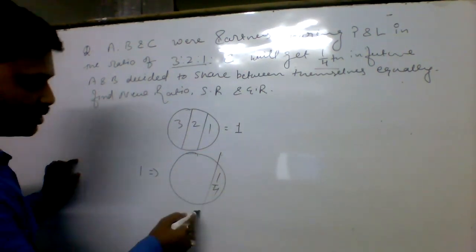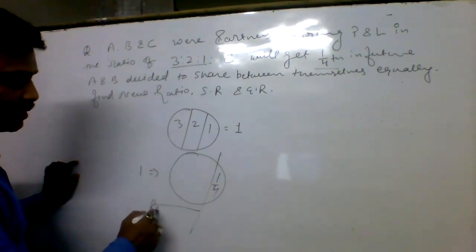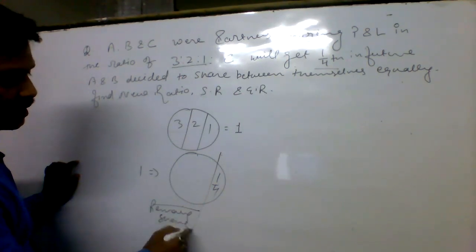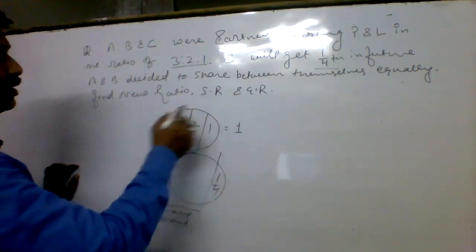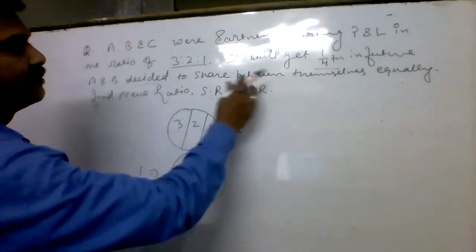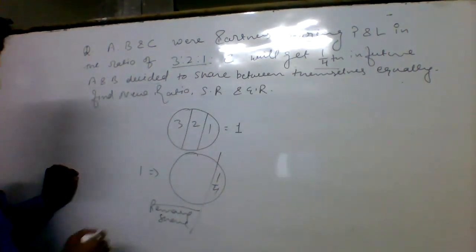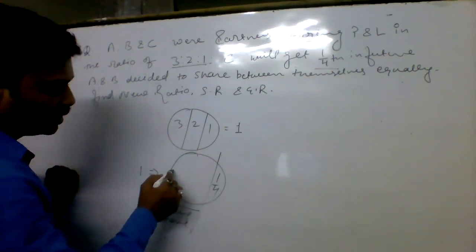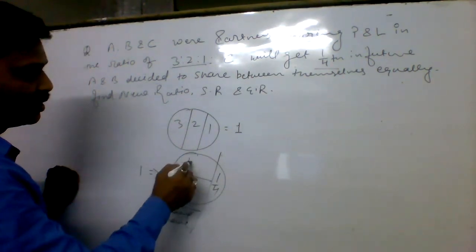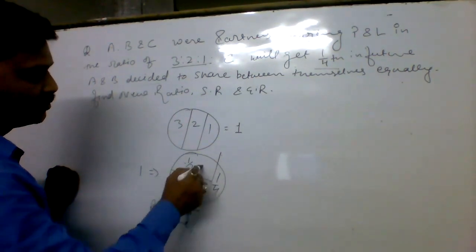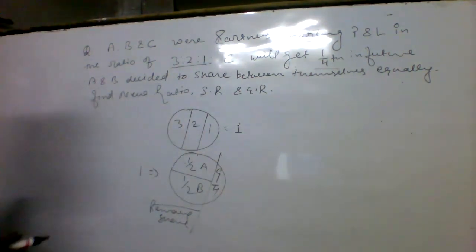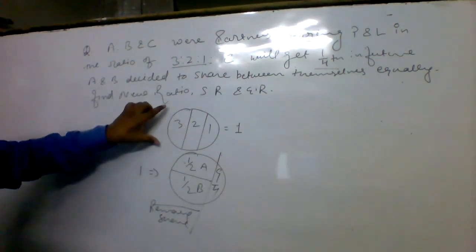And this is the remaining share. Who will take the remaining share? It says A and B decided to share between themselves equally. So A and B will share the remaining equally, 1/2 and 1/2, and this one is of C.